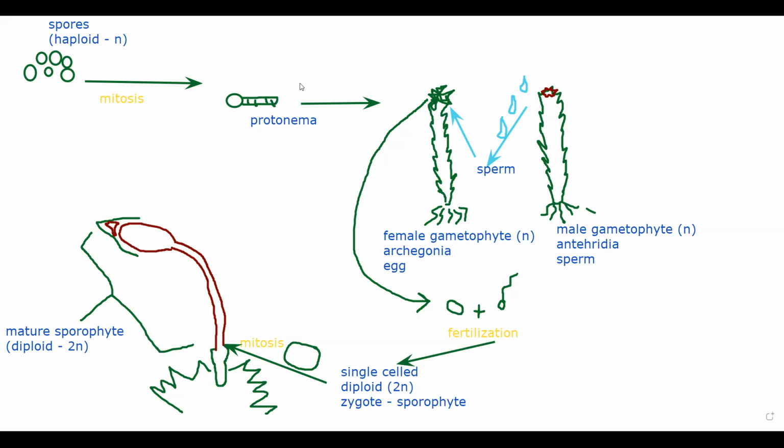And when conditions are right, the calyptra falls off, which is this outer covering.